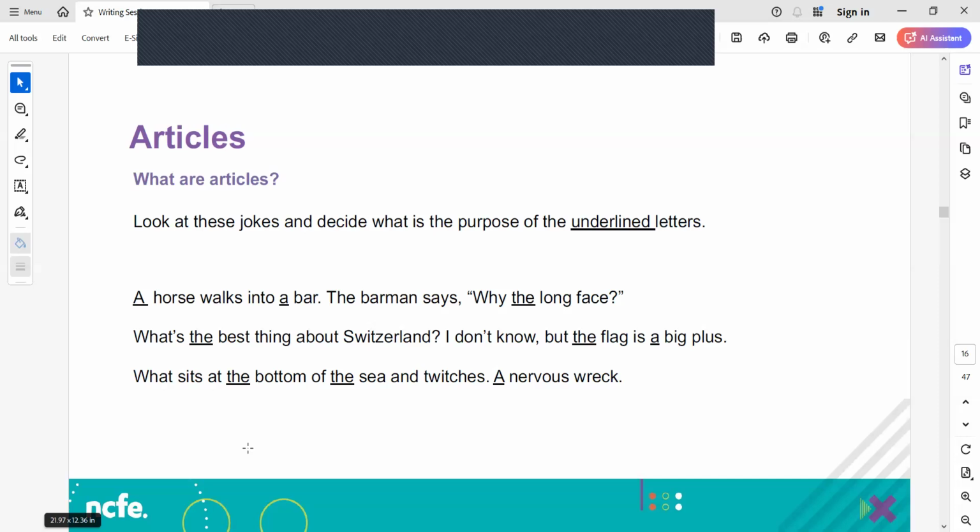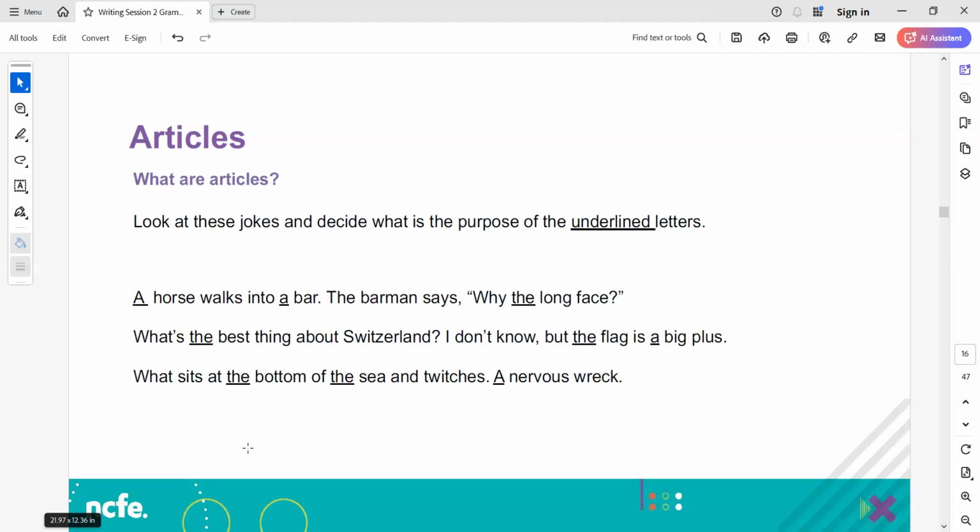That's not very helpful. Okay, so the purpose of articles, the underlined words, are a and the. And these articles indicate whether a noun is general or specific.